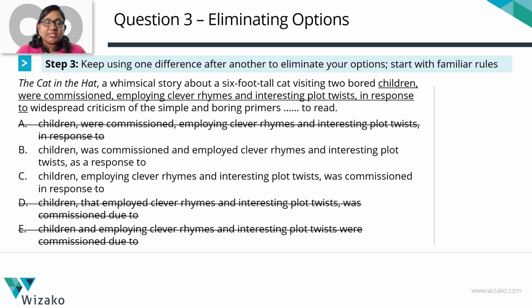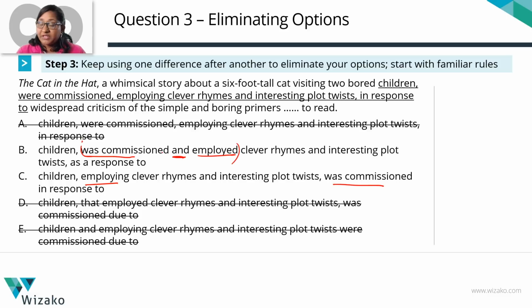Alright, "in response to" versus "as a response to" is not really a decision-making factor. Don't worry too much about it. What is the decision-making factor is the usage of "commissioned" and "employed" in your sentences. Now, in this sentence, "was commissioned and employed" is a list. I put them two together, I've used an "and." Right? So, the commissioning was done as a response.